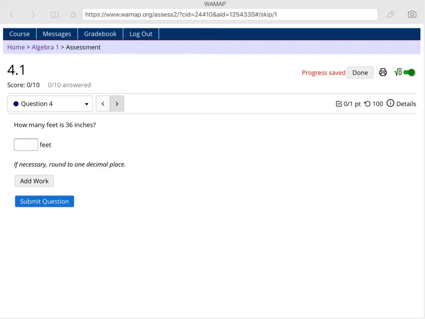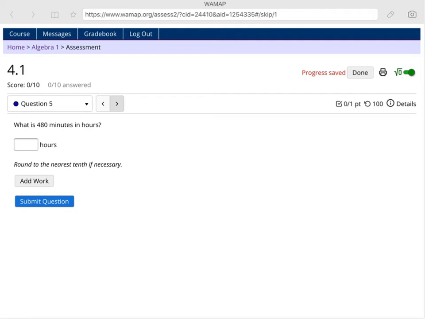And of course, if you don't know it off the top of your head, you can just go into your calculator and do 36 divided by 12 to figure out what that is. It happens to be 3. So 12 times 3 equals 36, which means I also have to multiply the other side by 3. And of course, 1 times 3 will give me 3 feet. And so 3 feet will then be my final answer for this one.